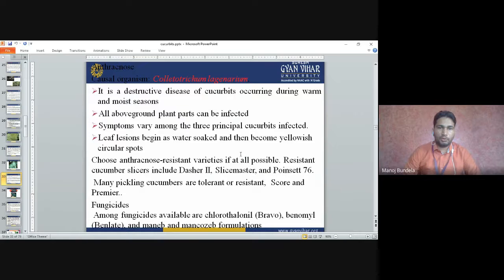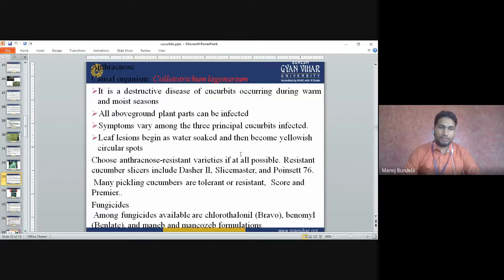Choose an anthracnose-resistant variety if at all possible. The resistant cucumber slicers include Dasher II, Slicemaster, and Fonseca 76. Many pickling cucumbers are tolerant or resistant to scab.